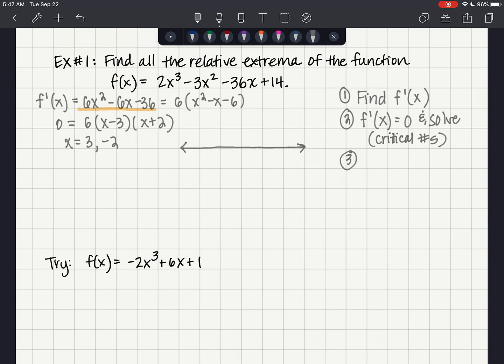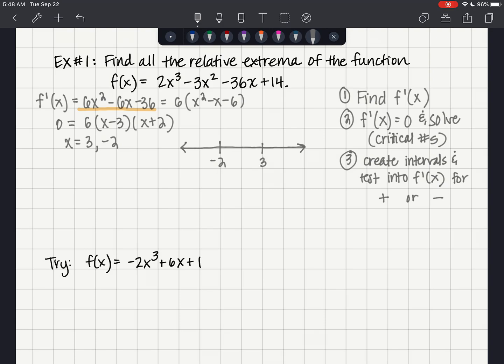So now we are going to create our number line and our intervals, and test into the first derivative for positive or negative. So negative 2 and then 3.